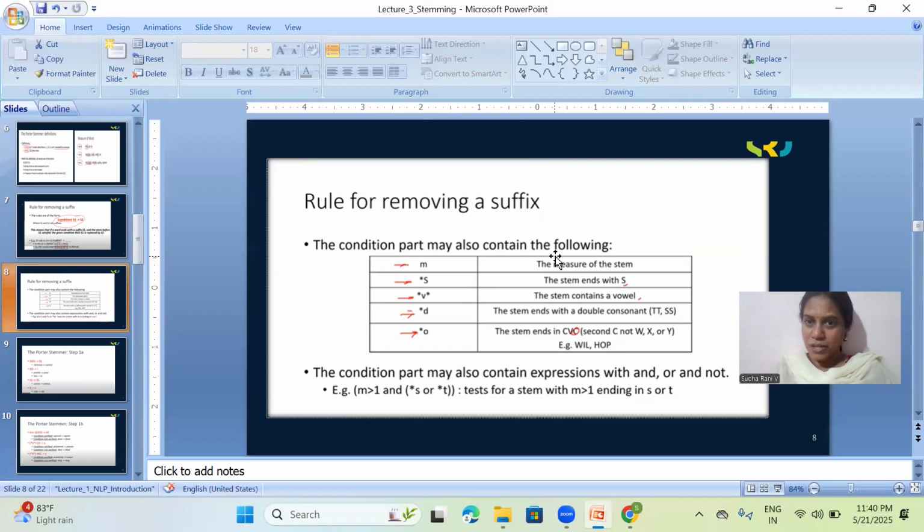M, the measure of the stem; just now we discussed how to calculate the measure of stem. *S, the stem ends with S. *v*, the stem contains a vowel. *d, the stem ends with a double consonant, such as SS or TT. *o, the stem ends in CVC, where the second C is not W, X or Y, for example WIL, HOP. The condition part may also contain expressions with and, or, and not.